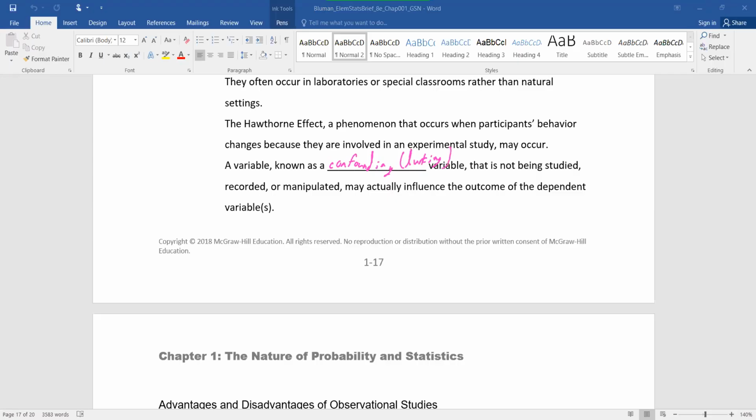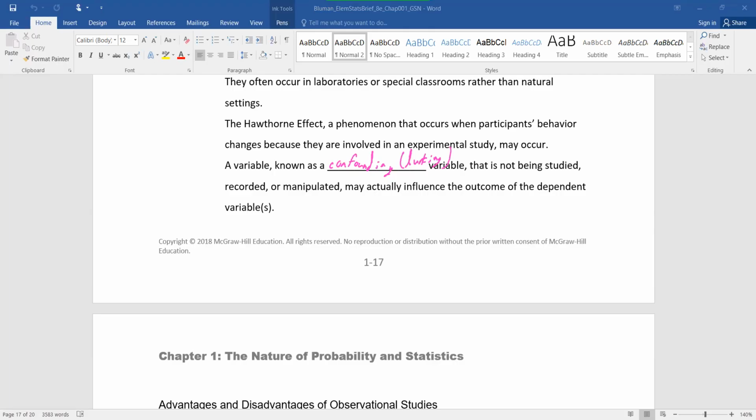These are variables that are not being studied, recorded, or manipulated but may actually influence the outcome of the dependent variable. So if I take something away as the independent part, and then I get these results, it might not be that absence, but something else. Maybe they ate something before they came in that's causing these results.